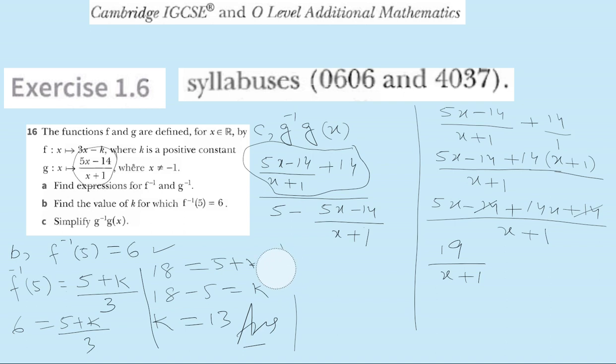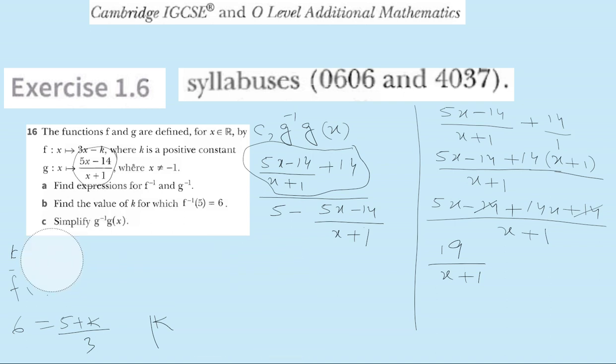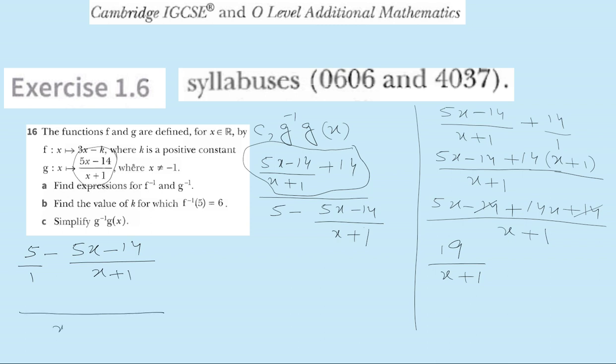Okay. Now I am going to find the solution of this one below. That is 5 minus 5x minus 14 over x plus 1. The denominator of 5 is nothing other than 1. Again take the LCM of x plus 1. This 5 multiplied by x plus 1, minus, x plus 1 cancelled by x plus 1.